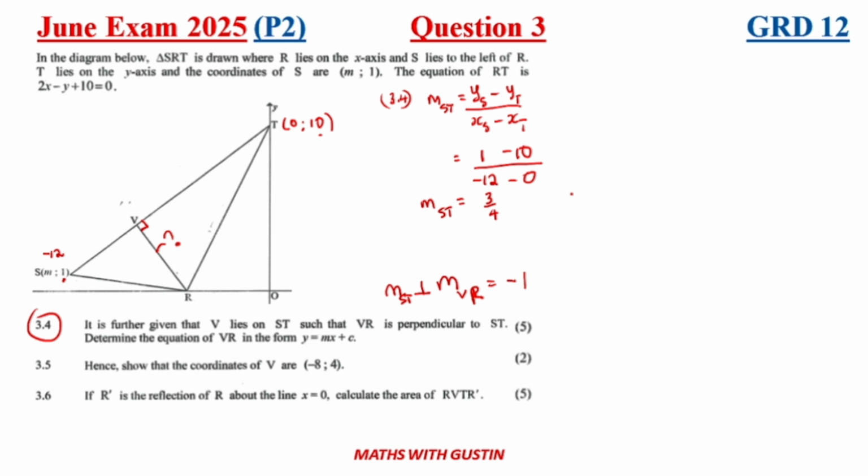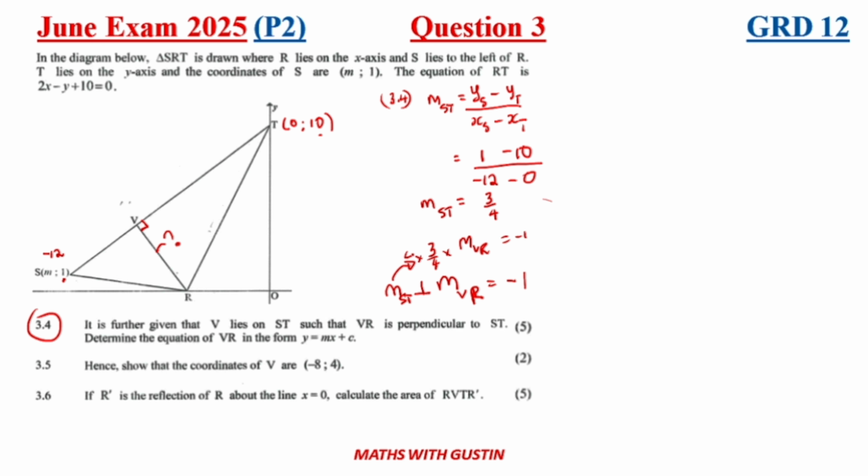Now with 3 over 4, we know that these two gradients are perpendicular to each other. We know the gradient of ST, so we need to find the gradient of VR. You come to this equation right here and substitute: 3 over 4 multiplied by the gradient of VR should be equal to -1.